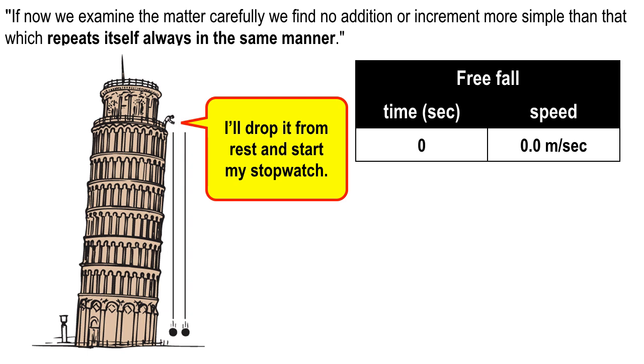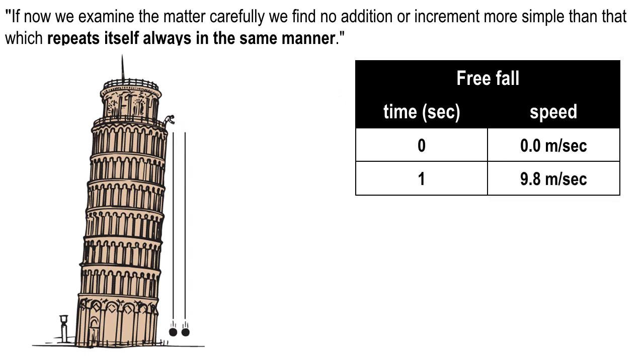So at time t equals 0, it's at rest, so its speed is 0.0. And if he had been working in the metric system, which wasn't invented for another couple hundred years or so, it would have been, after 1 second, 9.8 meters per second of downward speed. Today, we would measure it that way.